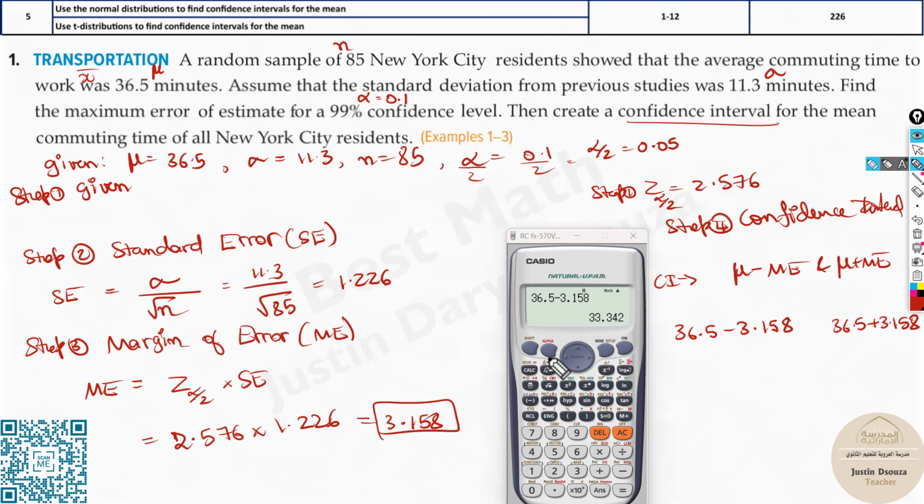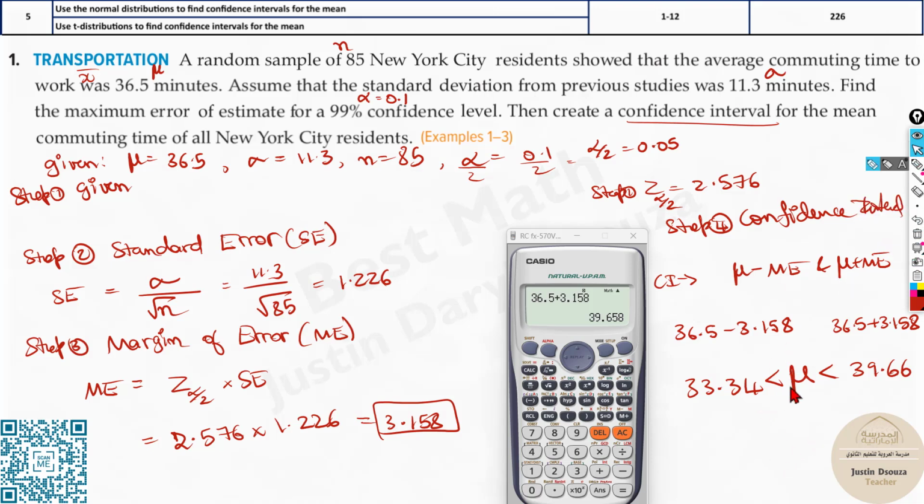Answer obtained is 33.34. I'll take 2 decimals. The mean must be greater than the lower value, but it must be less than the higher value. This is the interval, right? Now all I do is add it up over here, plus, and it's 39.6566. It'll become 39.66. So that is the interval.